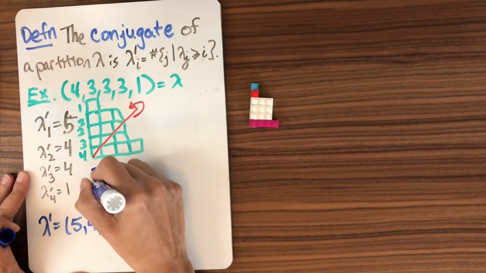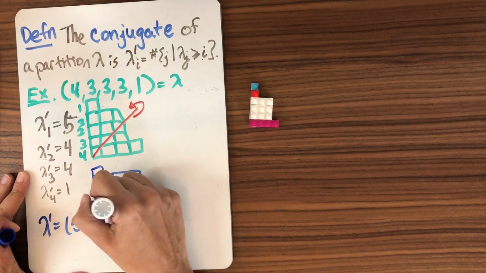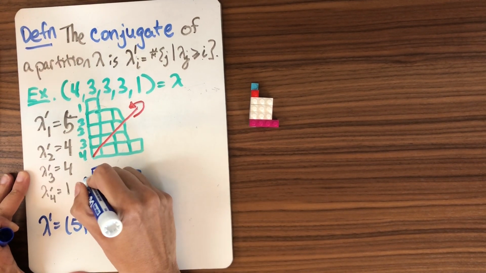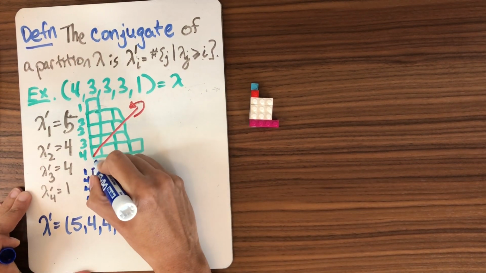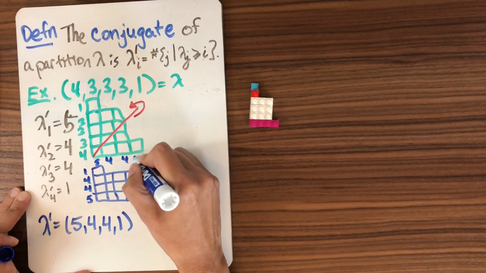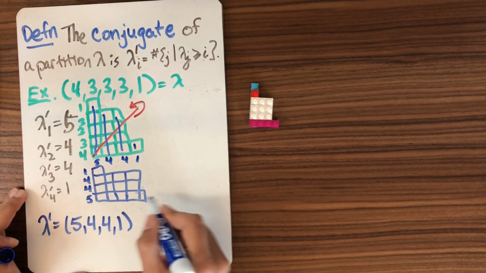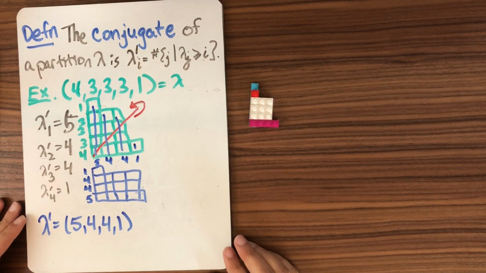If I draw that one, it looks exactly like this. The row lengths here are 5, 4, 4, 1, but those are the column lengths here. The columns here correspond to the rows down here. And conversely, if you conjugate twice, you get the same thing back.